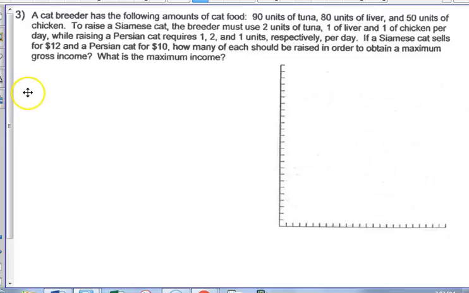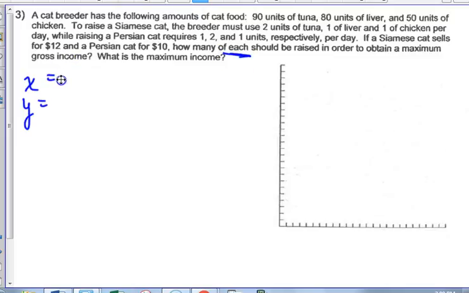Silently read this question to yourself and tell me what X and Y will represent. So many words. If Siamese, those are how many of each?